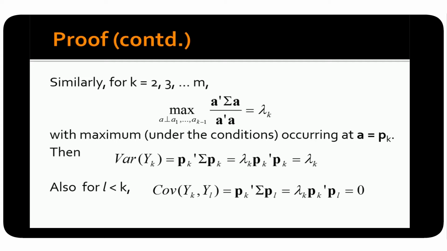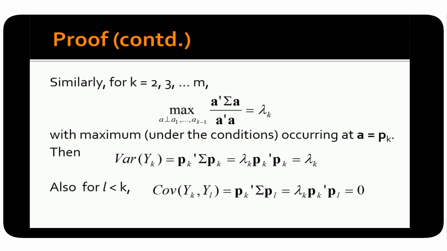So, if A is a matrix, lambda is its eigenvalue and x is an eigenvector, then we have the relationship that A x is equal to lambda x, and this result comes from there. And now pk prime pk is equal to 1, therefore, the variance of yk becomes simply lambda k. Similarly, if you look at the covariance between yk and yl, we have pk prime sigma pl equal to lambda l pk prime pl, again by the previous results, but pk and pl are orthogonal to each other, and therefore, the covariance becomes equal to 0.